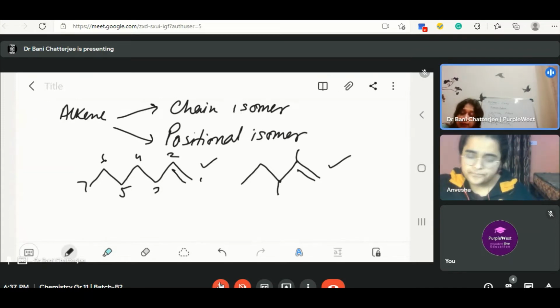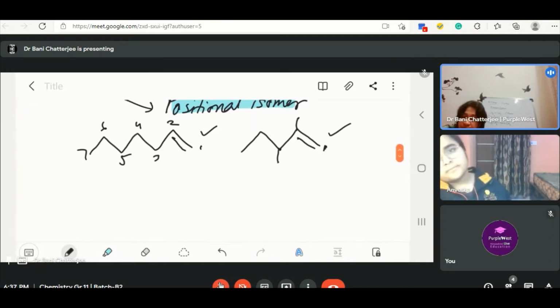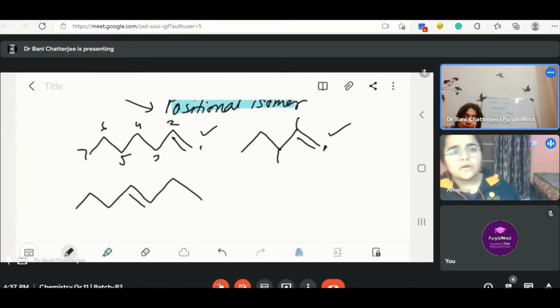Now another thing I said, that is positional isomer. That means the position of the double bond will change. Here, when I was drawing, I had not changed the position of the double bond. It is at the first carbon only. Now imagine I change only the position of the double bond. Now what is the position of the double bond? It's in the third carbon. Very good.